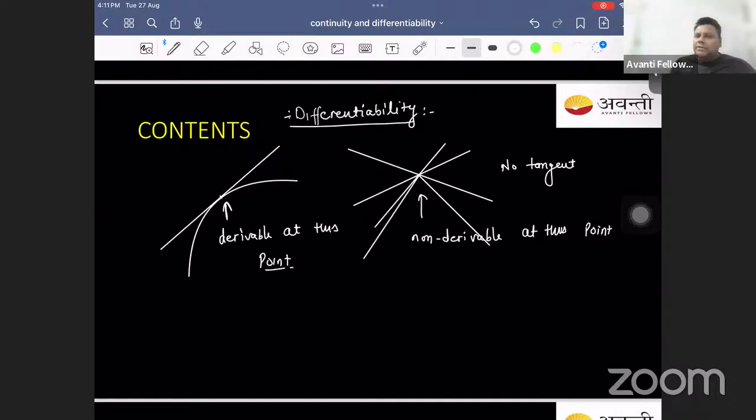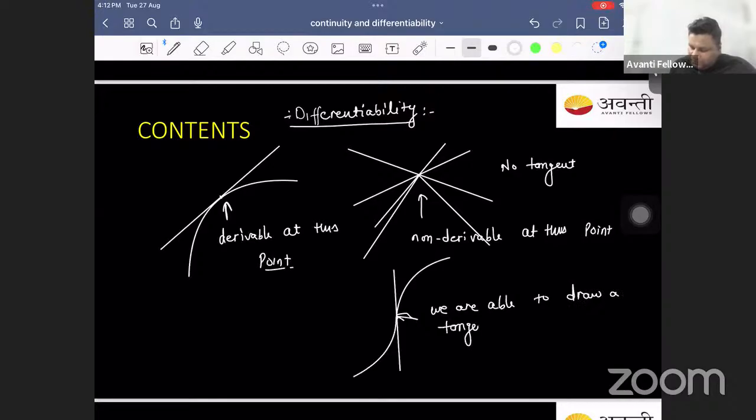Now, there is another case, where we are able to draw a tangent, but the tangent is of infinite slope.